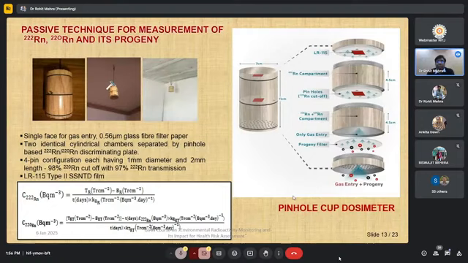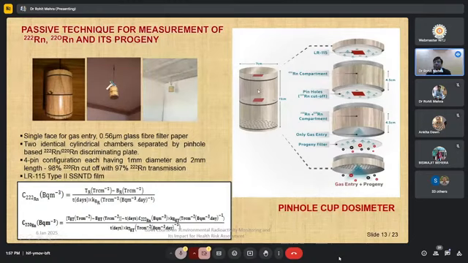So it is very important to study the radon as well as the thoron and their daughter products. So this is the technique which is being developed by the BARC, Bhabha Atomic Research Centre, and it is very widely accepted nowadays. Especially in the Indian environment, they have calibrated it in such a fashion that we are using two detectors within this pinhole cup dosimeter.